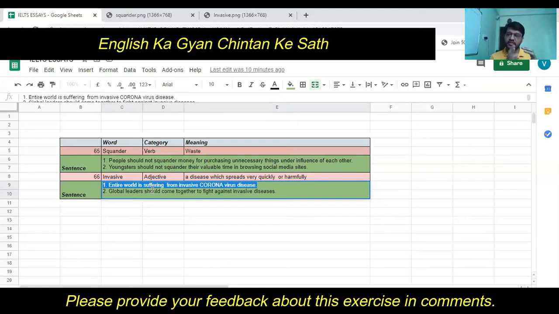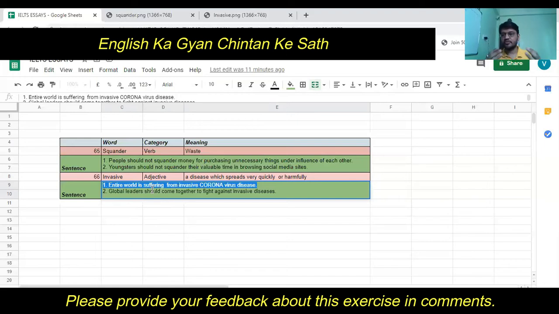Why have I used the word invasive with coronavirus disease? Because the disease has spread very quickly since March of 2020, and the impact is also very harmful. So we can use the word invasive with coronavirus disease. Instead of coronavirus disease, you can also say invasive cancers.